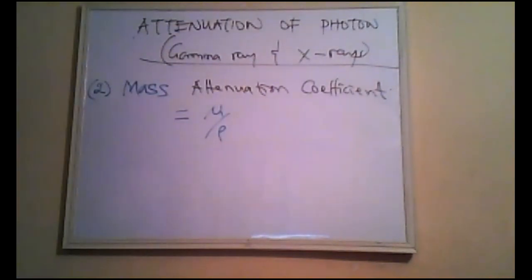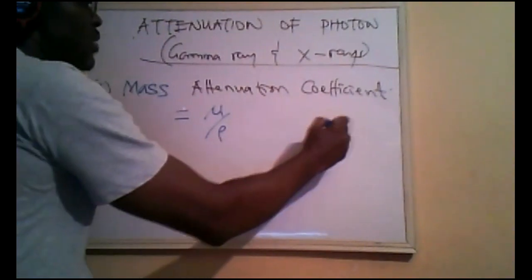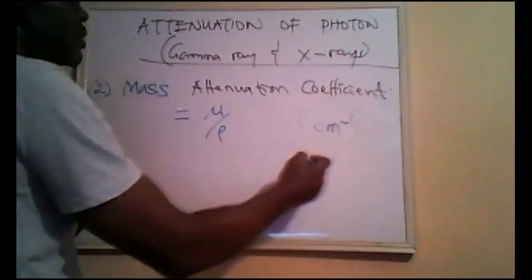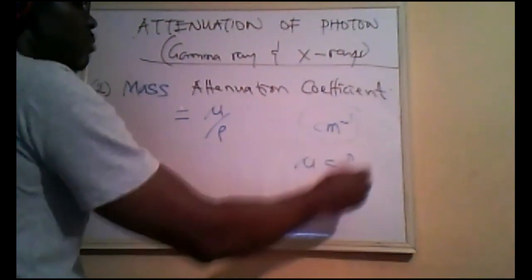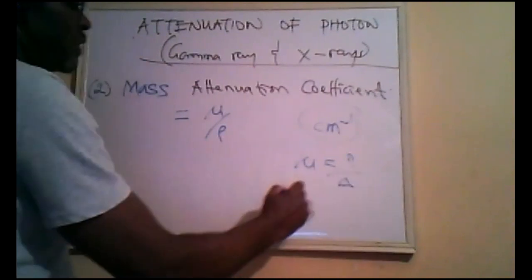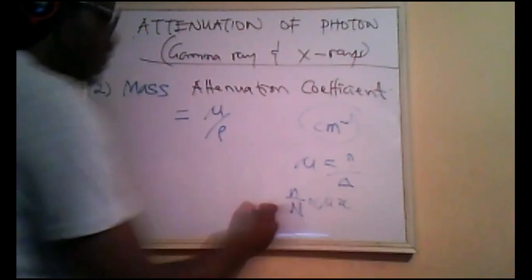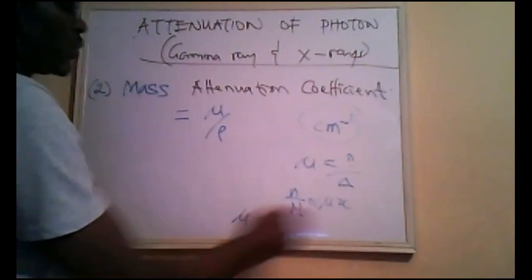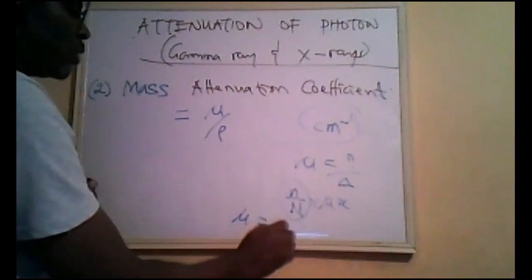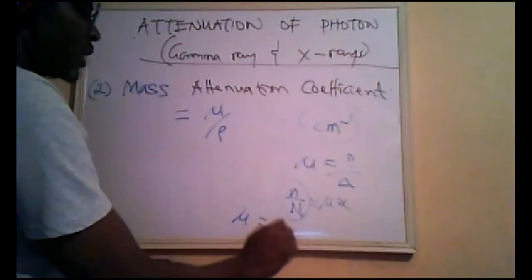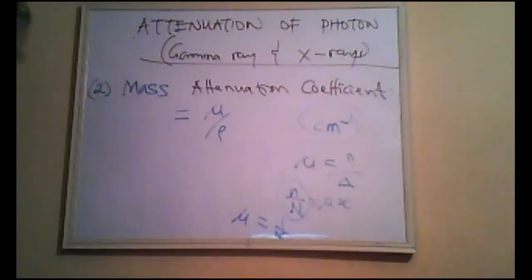The unit of the linear attenuation coefficient is usually per centimeter, because we have N over N0 as a number divided by x, which is a length. So that gives us 1 over centimeter, that is, per centimeter.